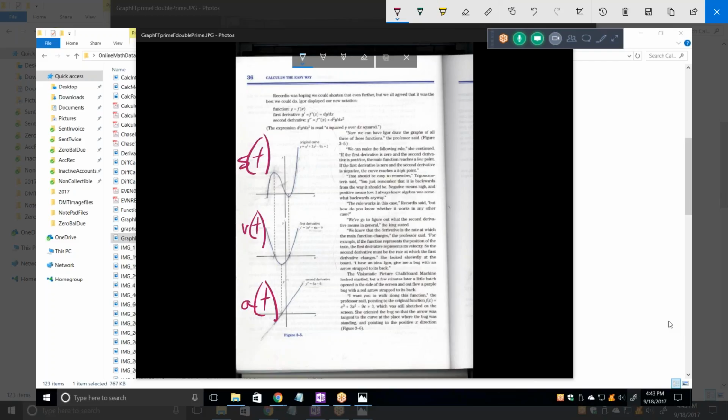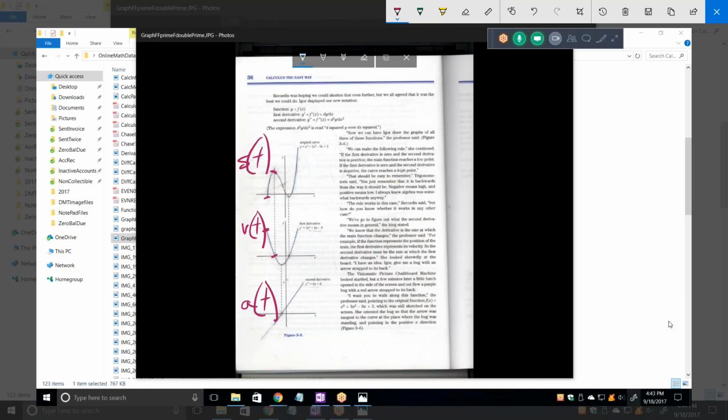The key things to know when you're looking at functions and their derivatives is when that function is increasing, you see those two pink points? The first derivative is positive, always. And you can see that it is. The velocity is positive between those 2 points. It's decreasing, but it's still positive. It's above the x-axis.